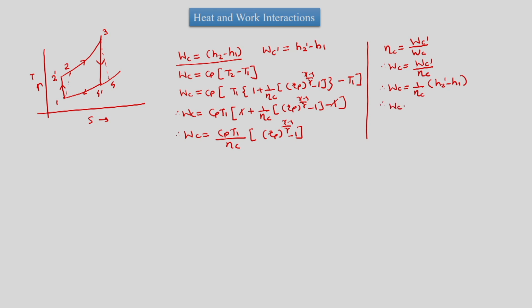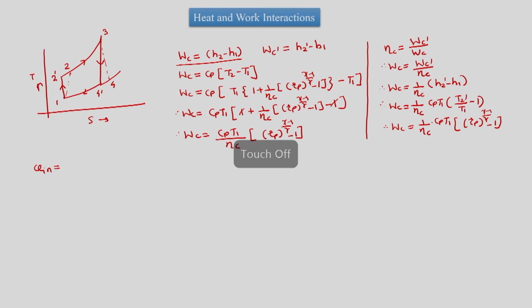We will take Cp into T1 as common. So CpT1 into T2 dash upon T1 minus 1. So real compressor work is 1 upon compressor efficiency into CpT1 into T2 dash minus T1 divided by T1, which is Rp raised to gamma minus 1 upon gamma minus 1. So this is how we can find out compressor work in two different ways.